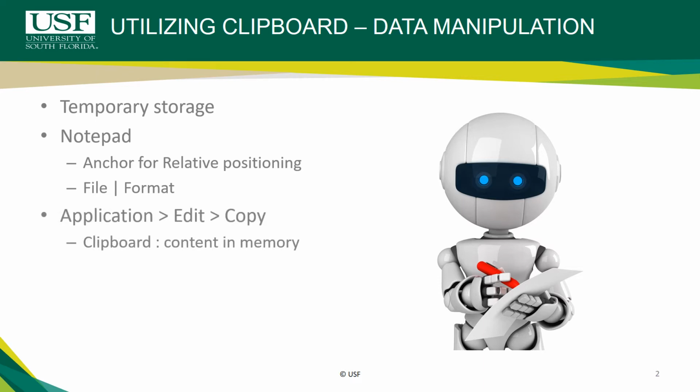Now, within our application, we can select the edit information and the copy action. That allows us to gather the data that has been presented and put this into our clipboard, put it into the memory that is accessible to our bot, that's accessible to our other applications that are running.